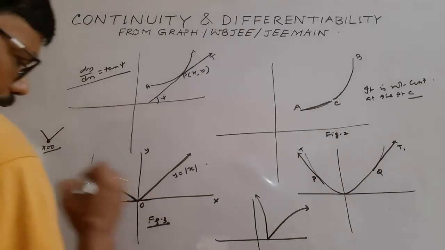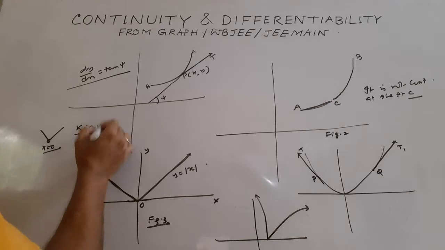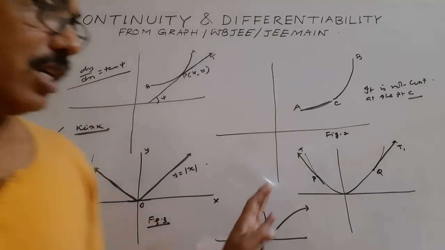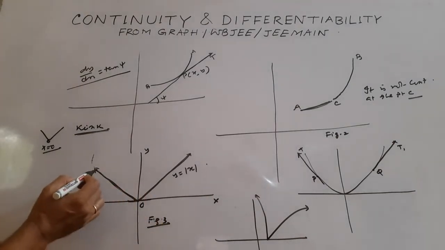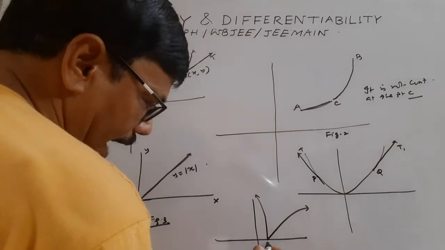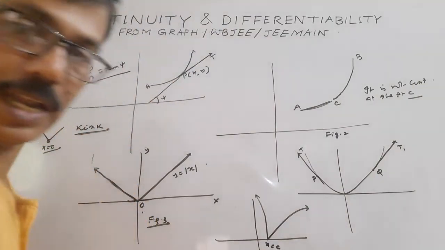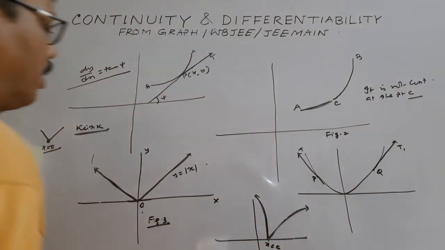It has a corner point. It has a kink, K-I-N-K, kink. Not smooth at the point A. If we get this type of figure, it has a sharp edge at O. Look at x equals A for this figure, a sharp edge.